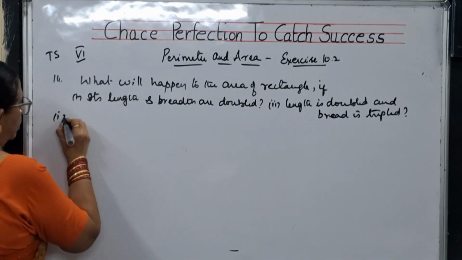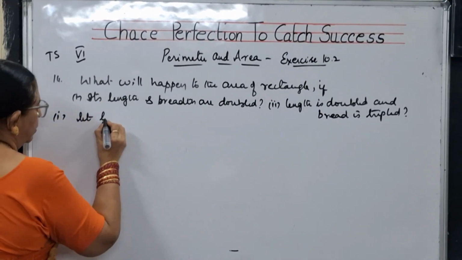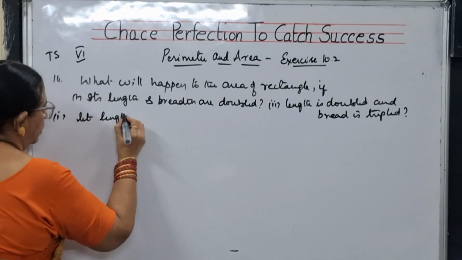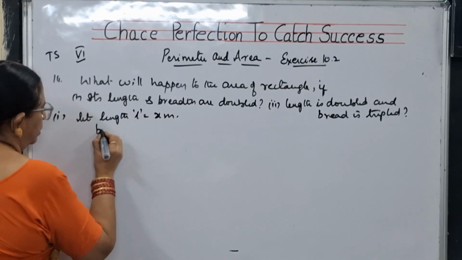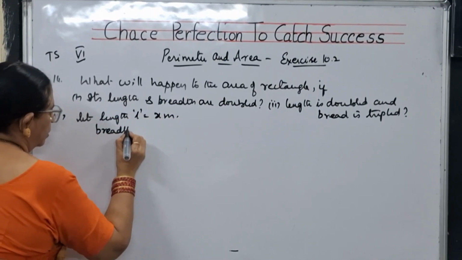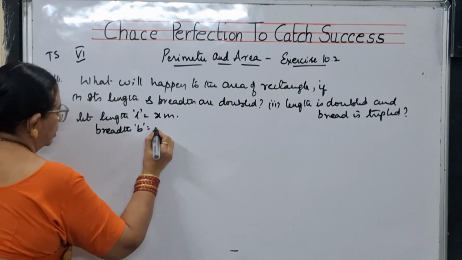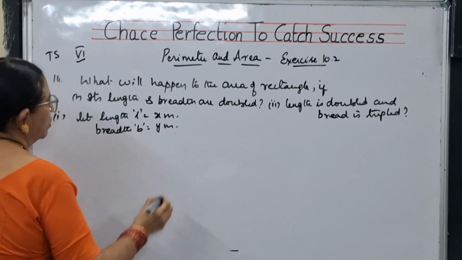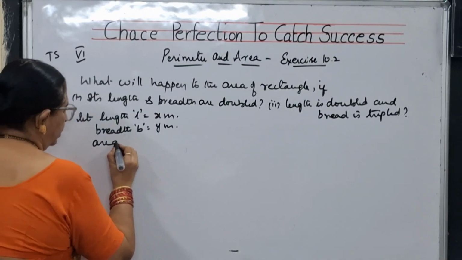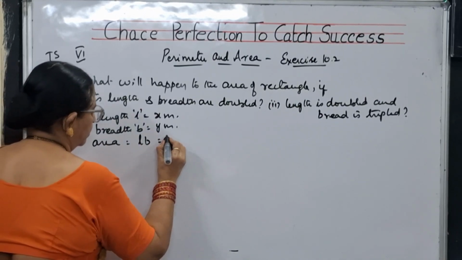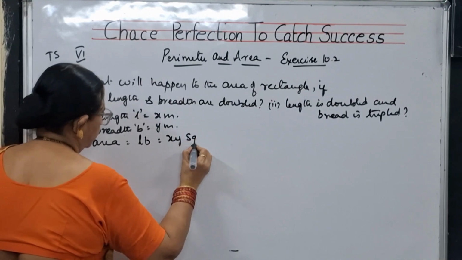First one, let length L be equal to x meters and breadth B be equal to y meters. What is the area? Area will be L into B, that is xy square meters.